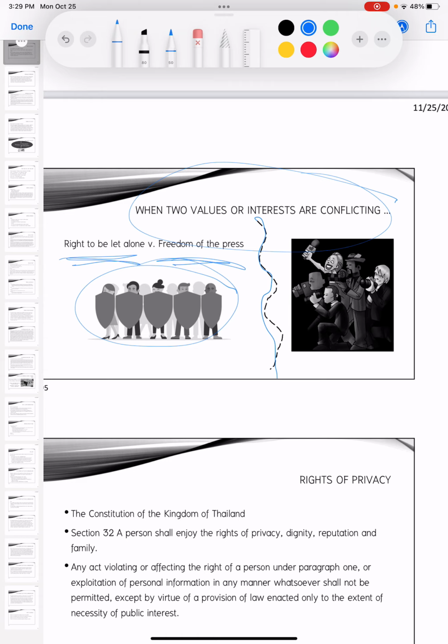Can the prime minister say, this is my private matter, this is my private life, and prohibit the news reporter from reporting the news about the prime minister in that area?